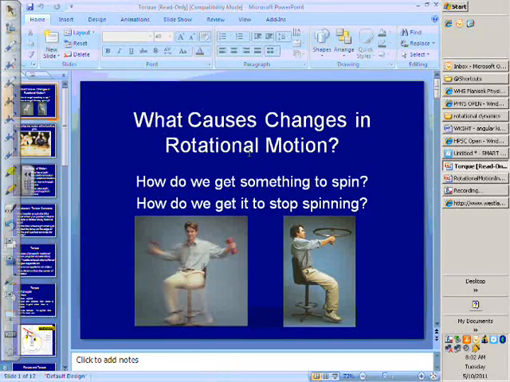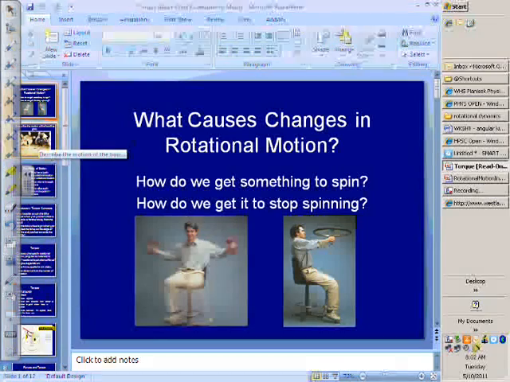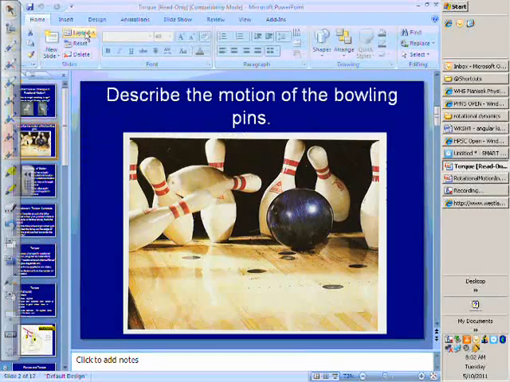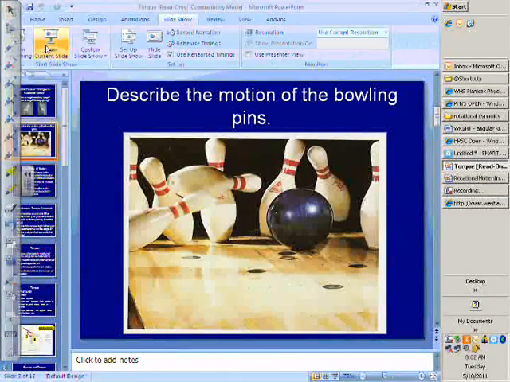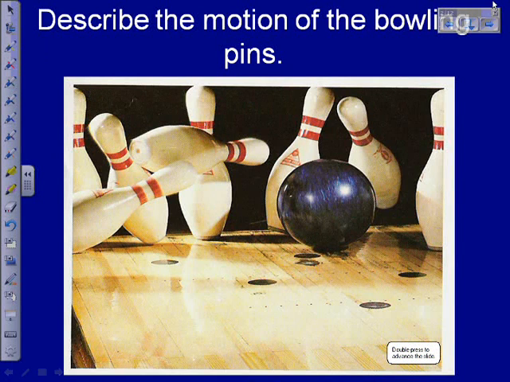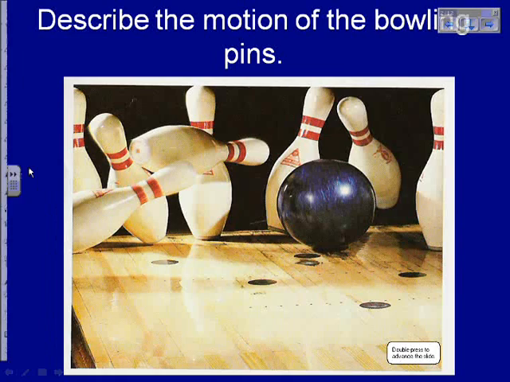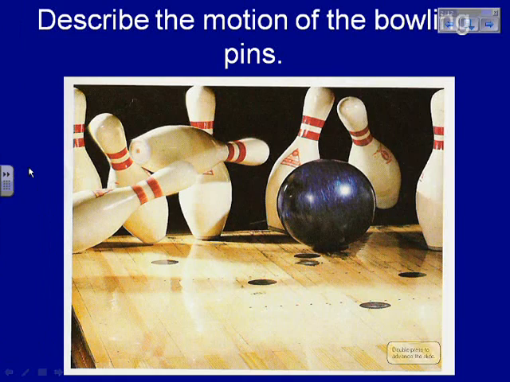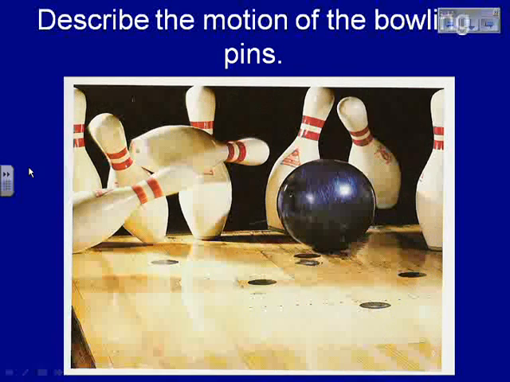Let's talk about what causes changes in rotational motion. So this starts with this picture. A bowling ball rolls down the lane and hits the pins. What do the pins start doing?